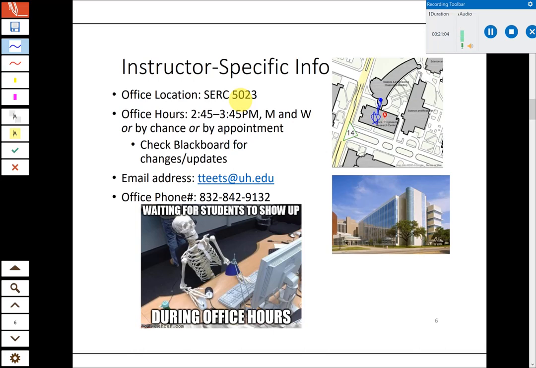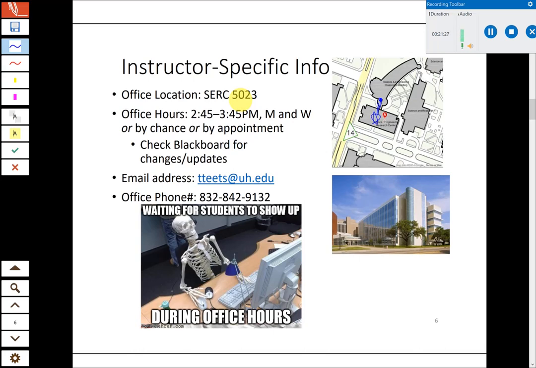So that's going to be 2:45 to 3:45 Monday to Wednesday. So basically the hour before this class starts, with a little bit of gap time for me to get over here. You don't have to come during that time if you can't, but that's basically where I will more or less guarantee that I'll be in my office. I'll try not to schedule other things on top of that, and if you come that time, I'll be there and ready to answer any questions you have.